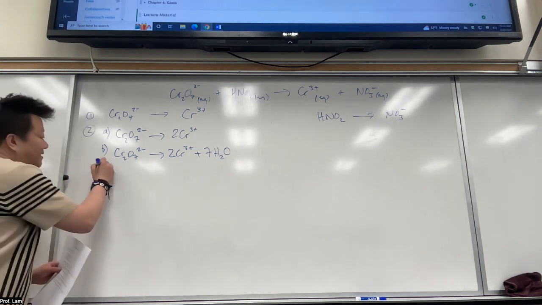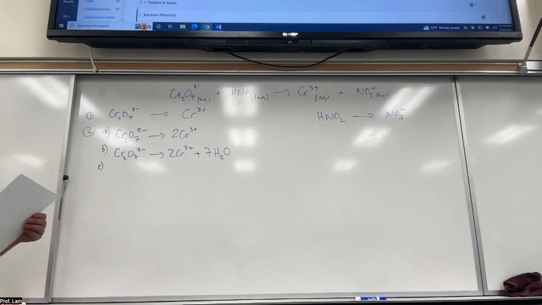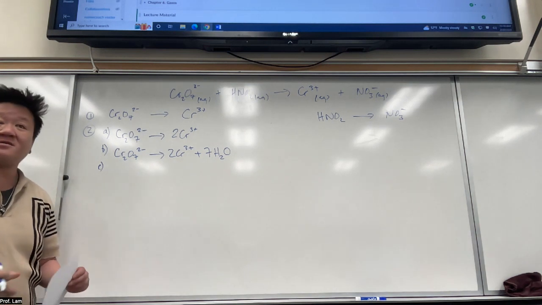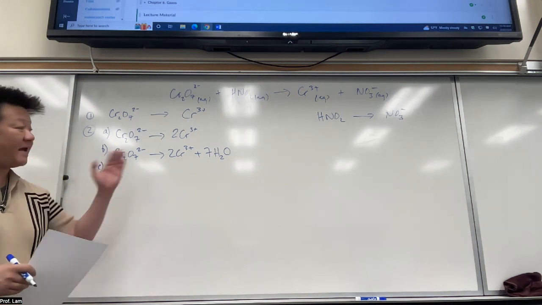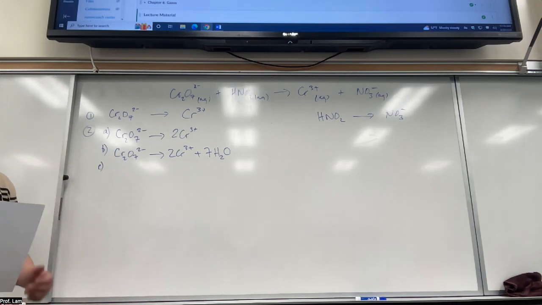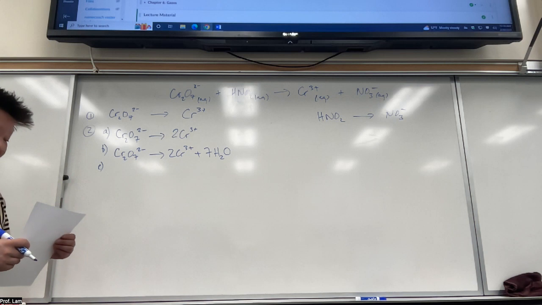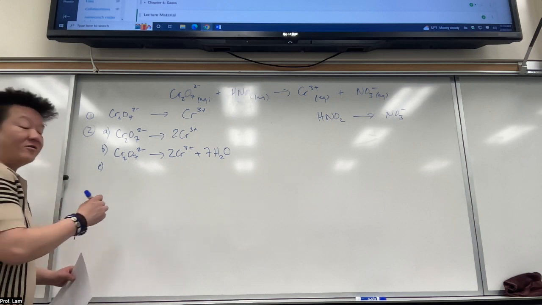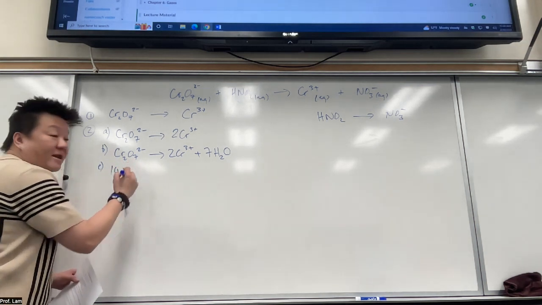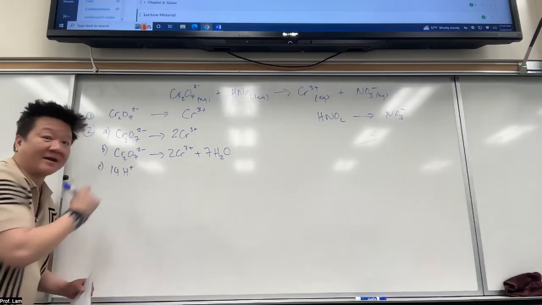And then step 2C, balance H with H plus. How many H's do we have on the right side? 14. How many on the left side? None. So what do we need to add to the left side? 14 what? H plus, right.